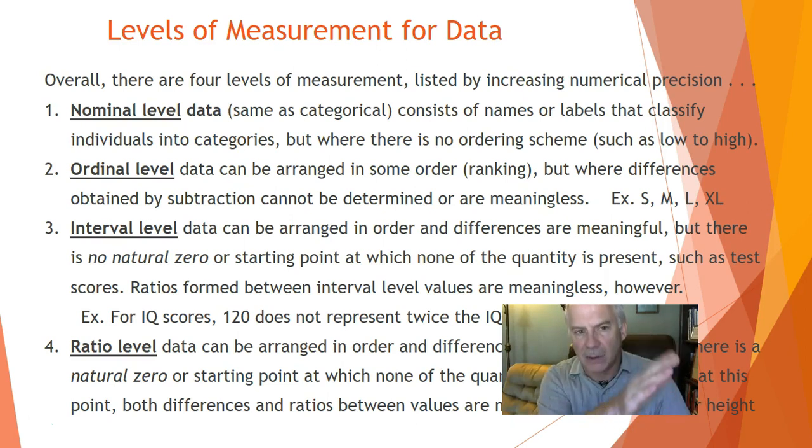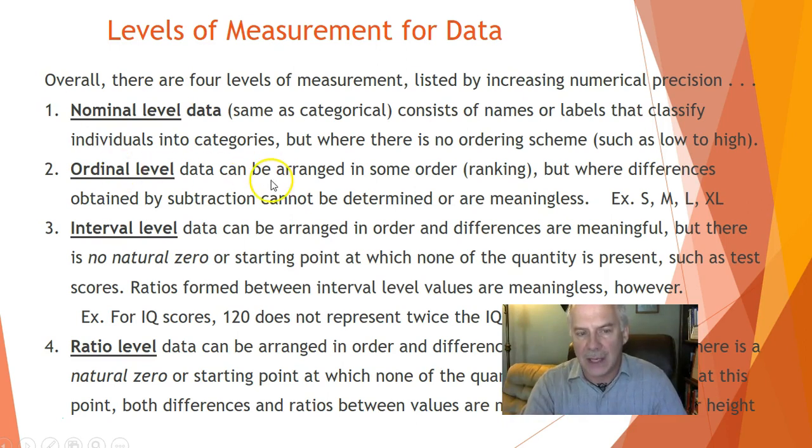So nominal data, categorical data, same as qualitative data, but where there's no ordering scheme. You wouldn't order which one goes first. Independents, Republicans, Democrats, Libertarians: you're not going to put them in any order of importance. Male, female. There's no order in particular. So nominal data is just categories and there's no order scheme.